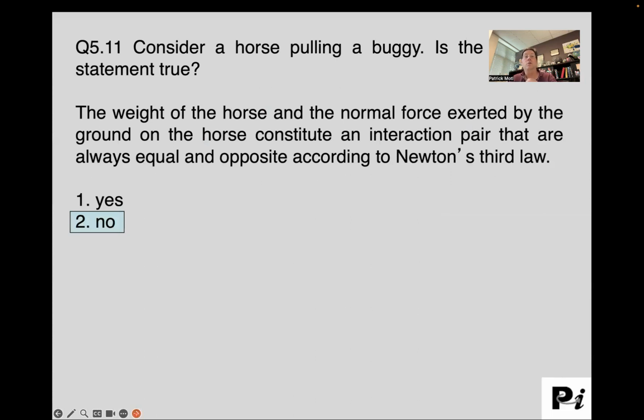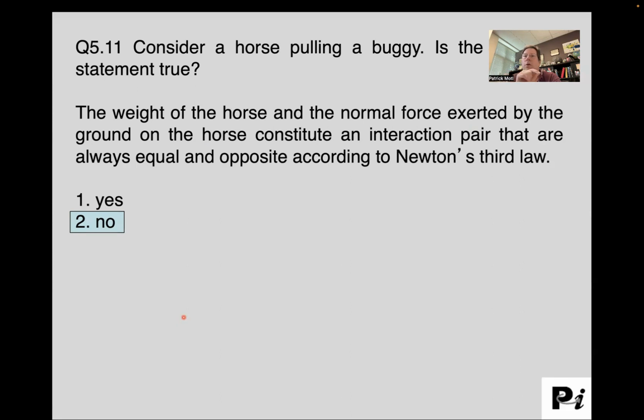All right, the answer is no. And I'm going to be very clear about the reasoning why. The weight of the horse is the force of Earth's gravity pulling on the horse. So it's a force on the horse. The normal force exerted by the ground on the horse is, again, a force on the horse.